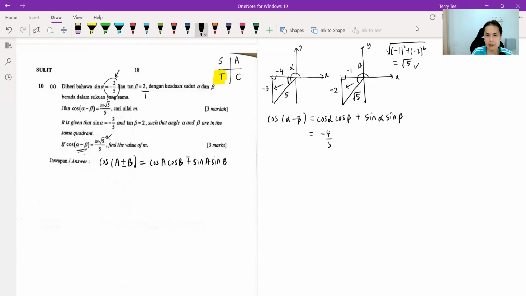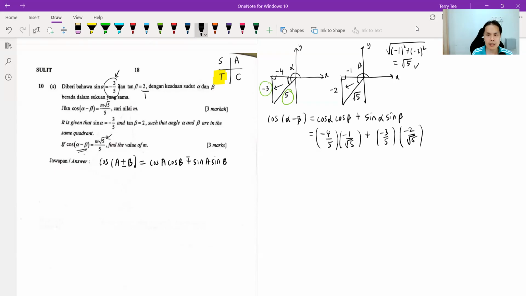And cos beta, if I read from here, is negative 1 over root 5. Sine alpha is opposite over hypotenuse, in this case negative 3 over 5. Sine beta is also opposite over hypotenuse, minus 2 over root 5.